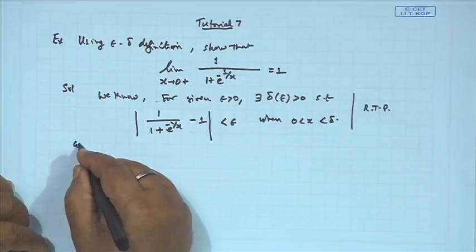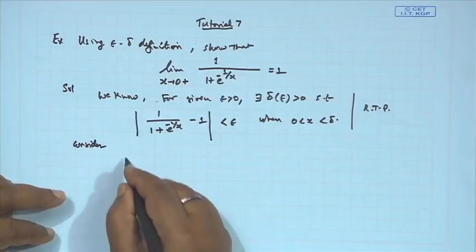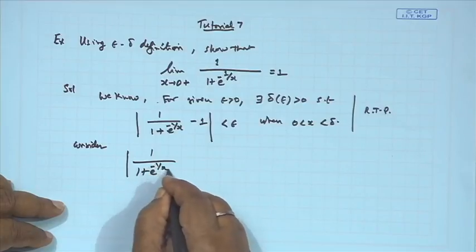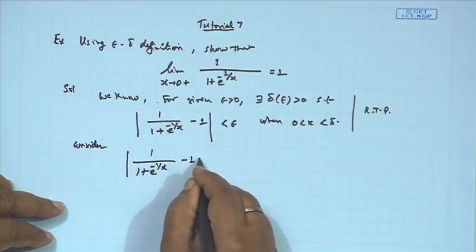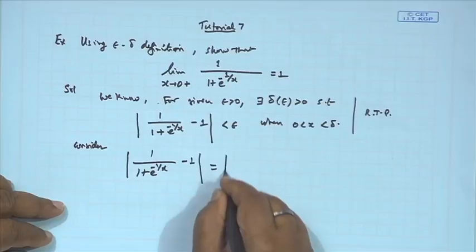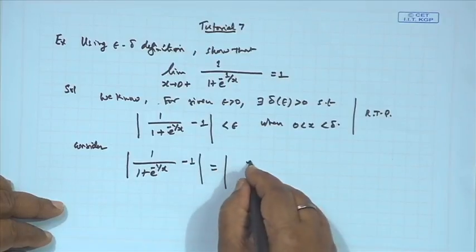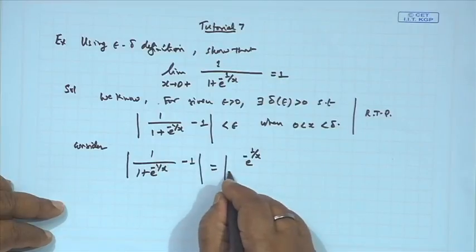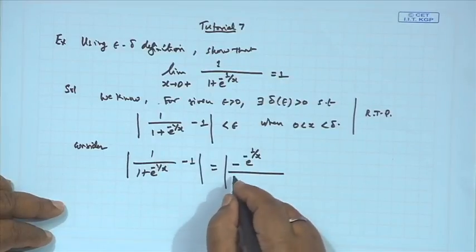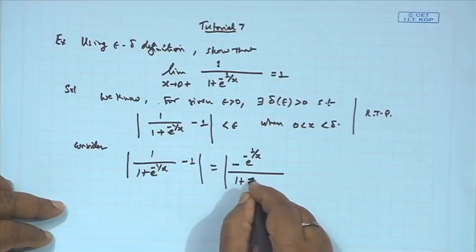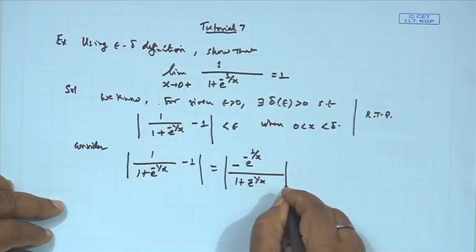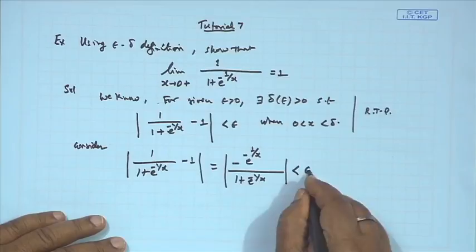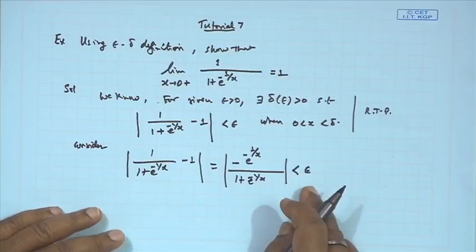So, now consider 1 over 1 plus e to the power minus 1 by x, minus 1. This is the same as, if I take the LCM, minus e to the power minus 1 by x divided by 1 plus e to the power minus 1 by x. Now, we want this to be less than epsilon, because epsilon is given.